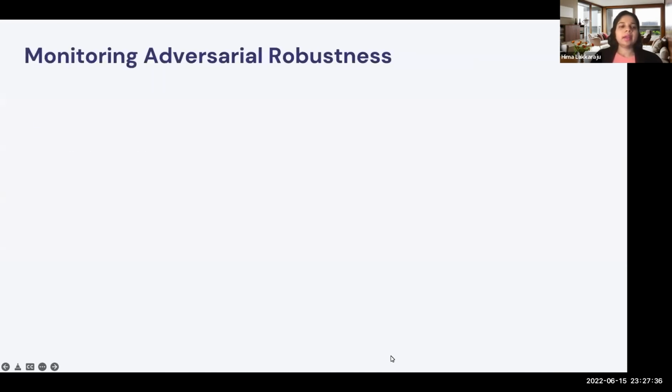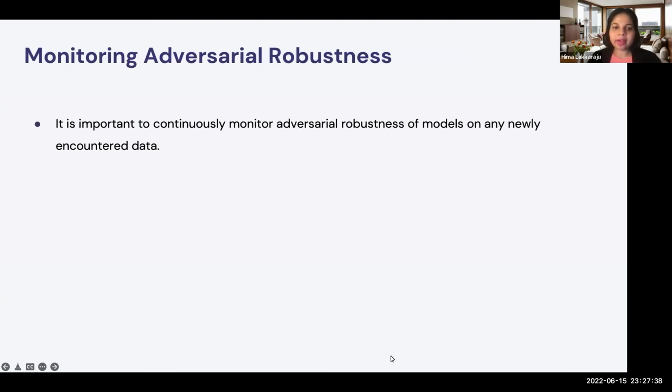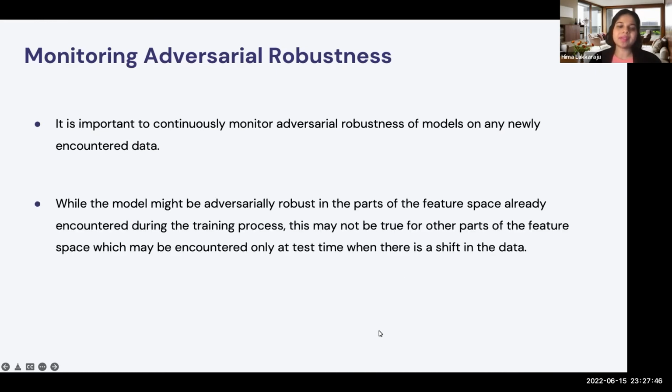Okay. Now, it is also important to continuously monitor this adversarial robustness of models on any newly encountered data. Why is this important? This is important because while the model might be adversarially robust in those parts of the feature space which are already encountered during the training process, this may not be true for other parts of the feature space which may be encountered only at test time when there is a shift in the data, right?